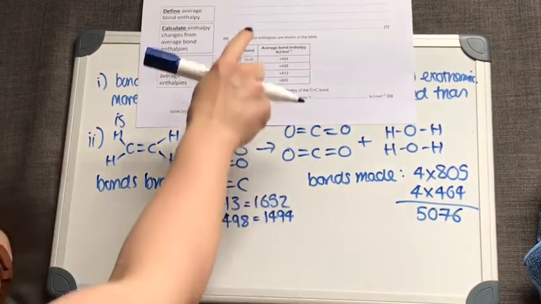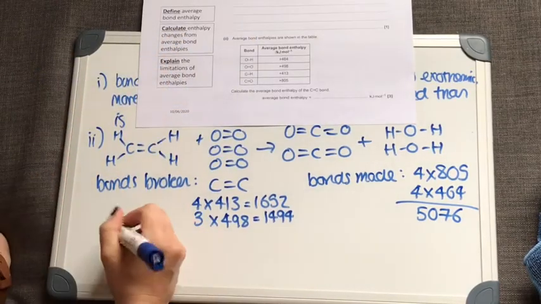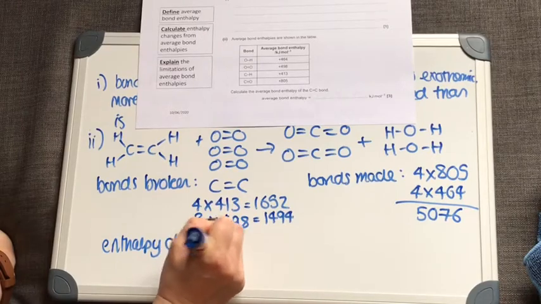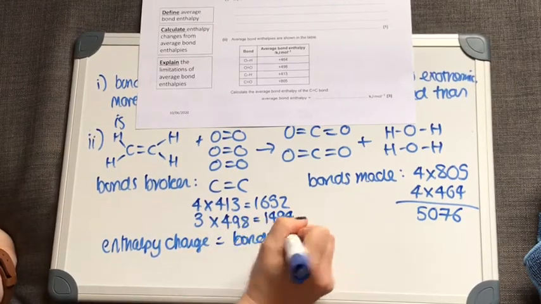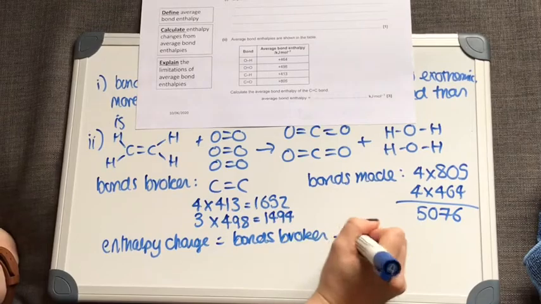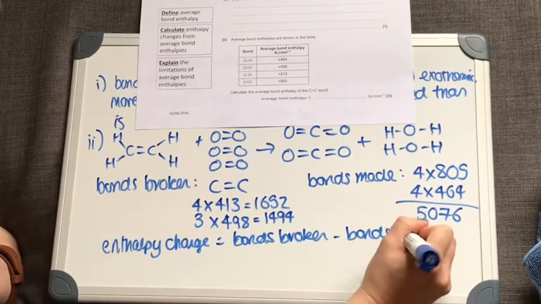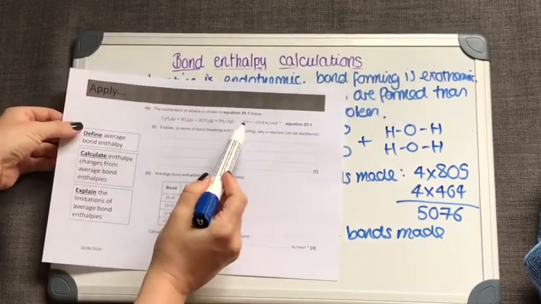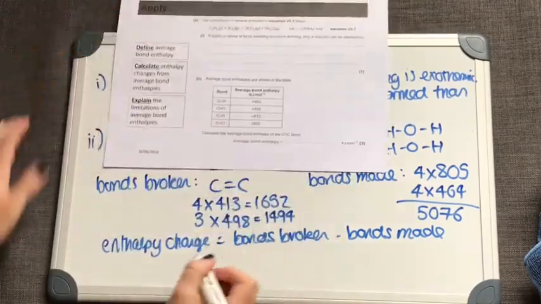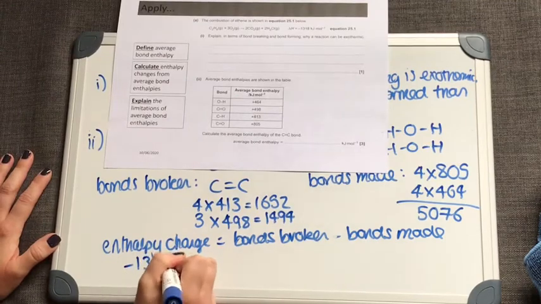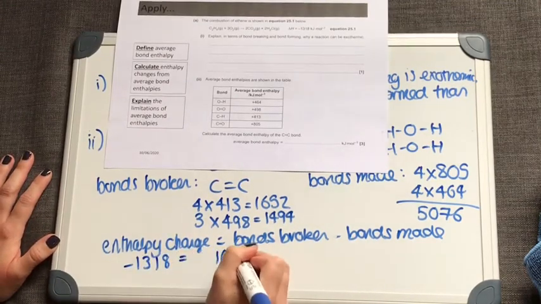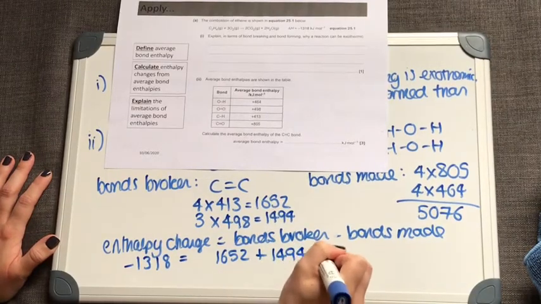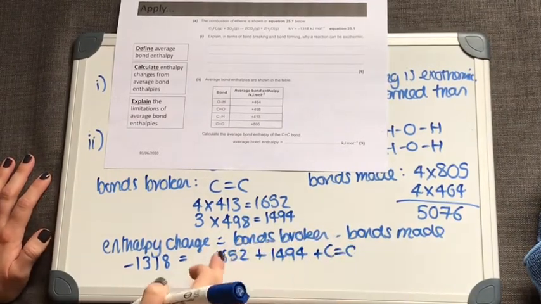So now I can put these values into the equation of enthalpy change equals bonds broken minus bonds made. I know what the enthalpy change is. They've told me in the question, it's up here represented by delta H, minus 1318 equals my bonds broken, which are here.